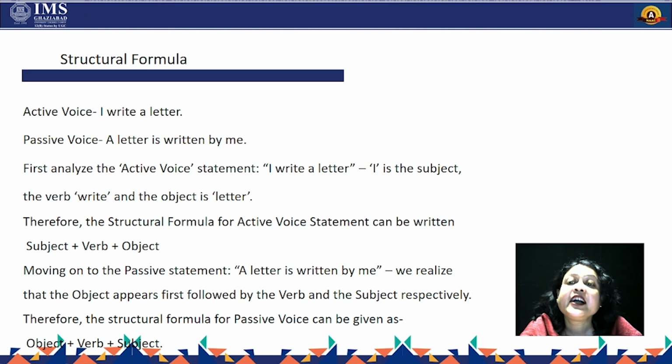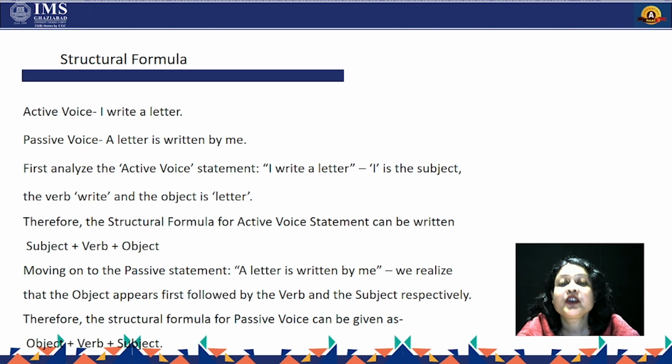Now, when I convert this sentence into passive voice, "A letter is written by me." You can see that the sentence structure has changed. The object, which was in the later half of the sentence, has come to the beginning. So in the active voice sentence, the structural formula is subject, then verb, and then object.